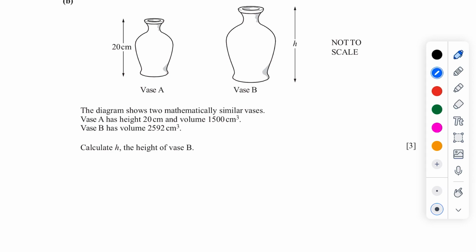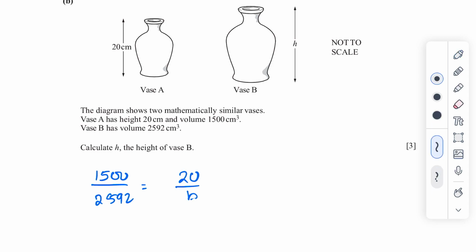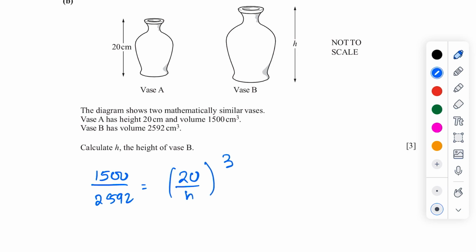Then next, volume and heights. So volume of A is 1500, volume of B is 2592. Height of A is 20, height of B is h, whole cube. So now cube becomes cube root. So I take cube root on both sides so that cube and cube root can be cancelled.